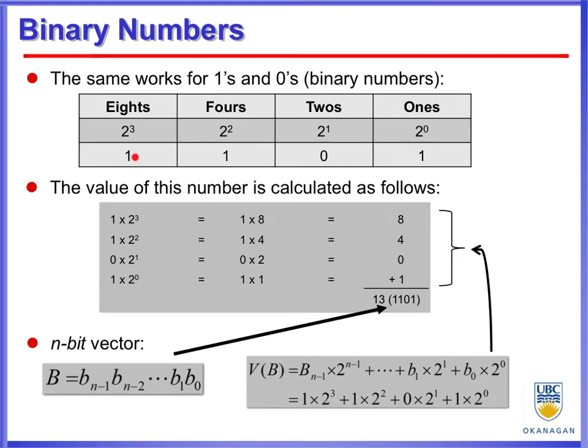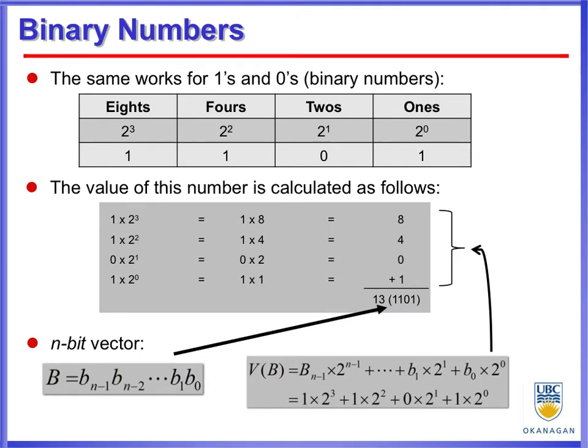So starting at the most significant digit, 1 times 2 to the 3 is 8, so 1 times 8 is 8. This one would have the value of 4. 0, obviously, 0 times 2 is 0, and then 1 times 1 is 1. So you add those up, you get 13, for the binary number 1101.